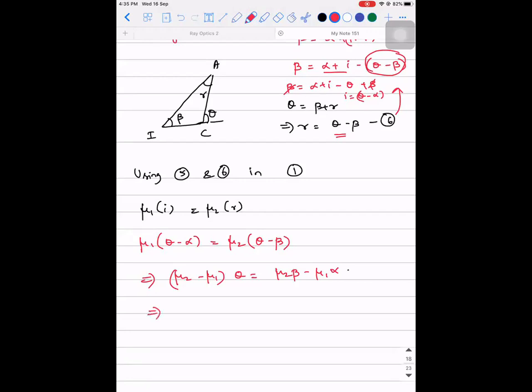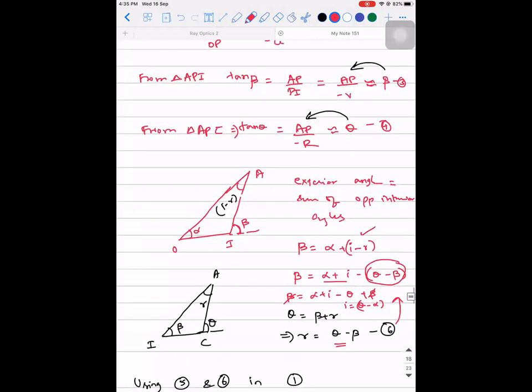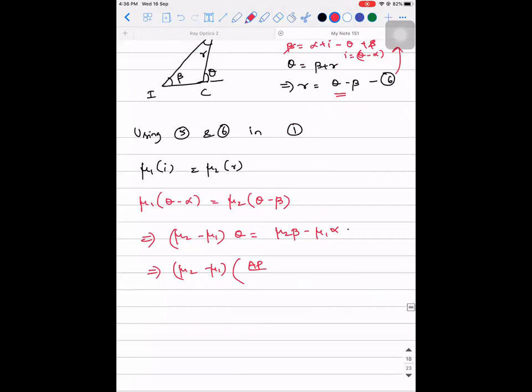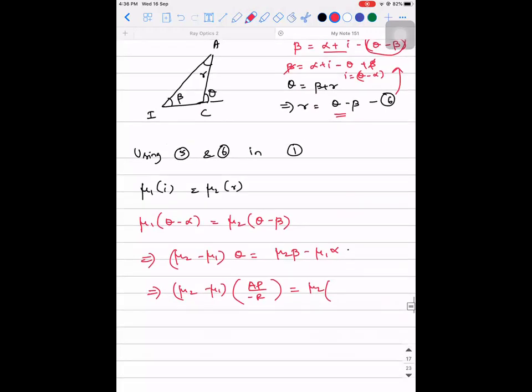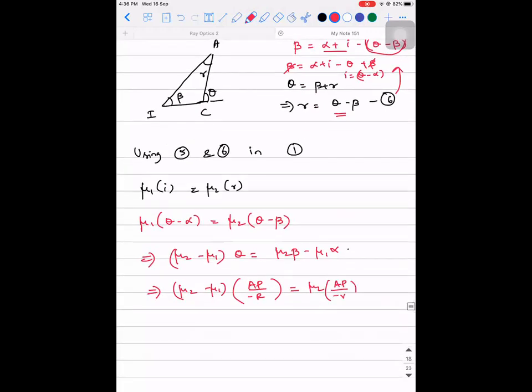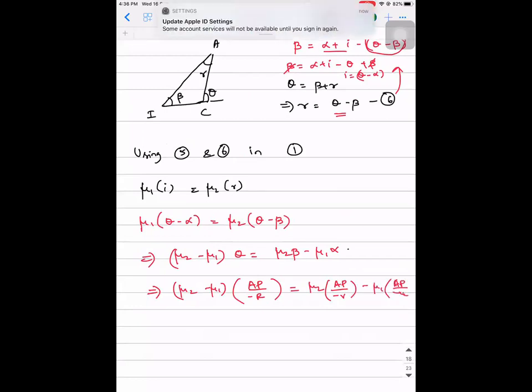Right? So mu2 minus mu1, what is the value of theta, guys? AP by minus R. Is equal to what is mu2 into beta? AP by minus V minus mu1 into AP by minus U.